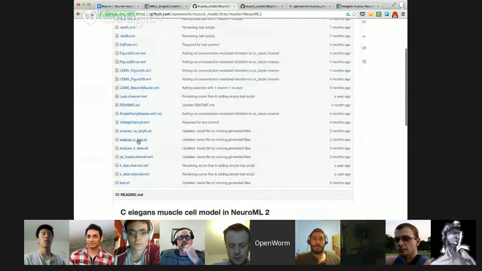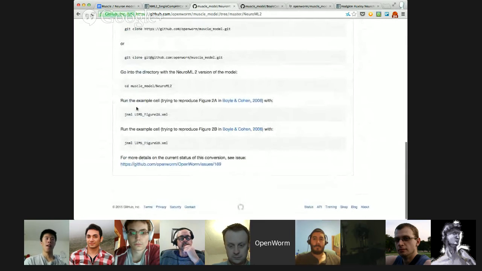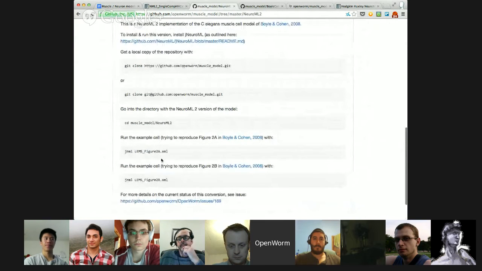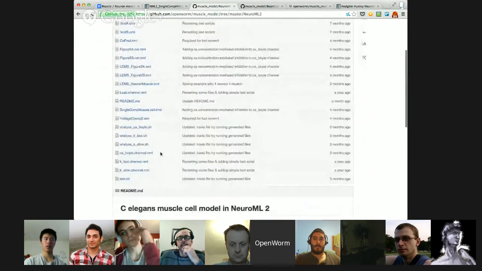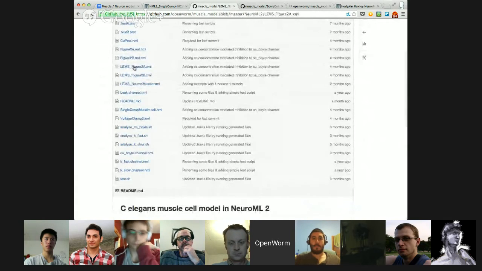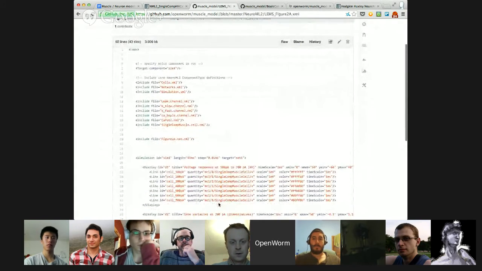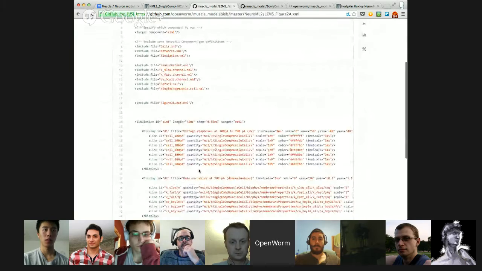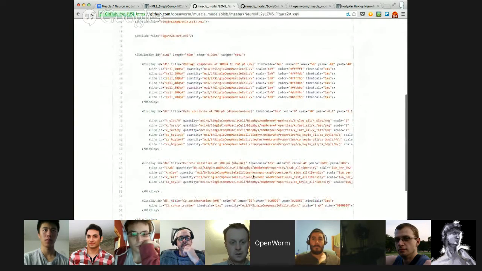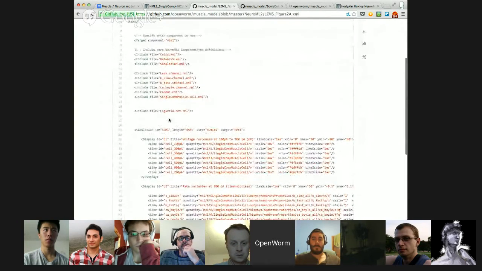So, we said, running figure 2a and 2b. We're going to expect that the .xml files are not going to have the model in it, right? Because as we learned, this is just giving us the plotting, telling us what we're going to display. But what we're sure to find when we look in there is an include for some of the stuff that makes it up.